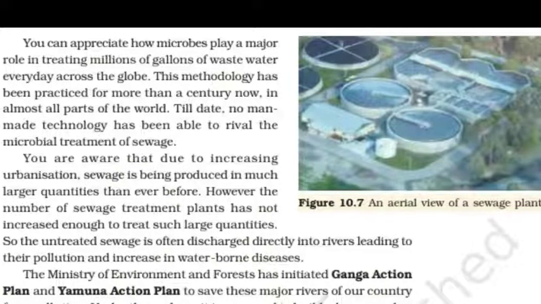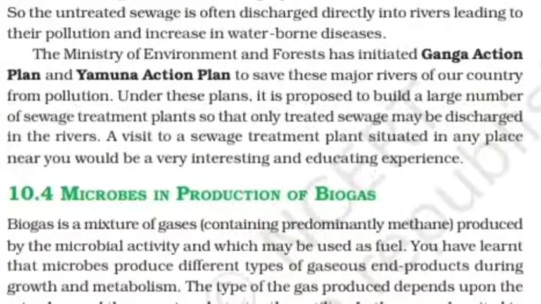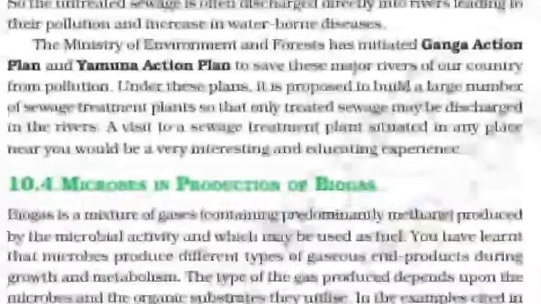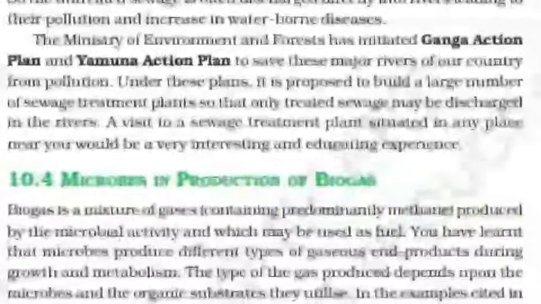You are aware that due to increasing urbanization, sewage is being produced in much larger quantity than ever before. However, the number of sewage treatment plants has not increased enough to treat such large quantities, so the untreated sewage is often discharged directly into rivers, leading to their pollution and an increase in waterborne disease.